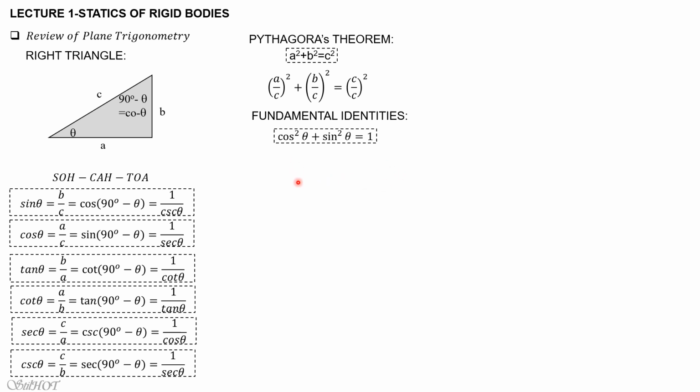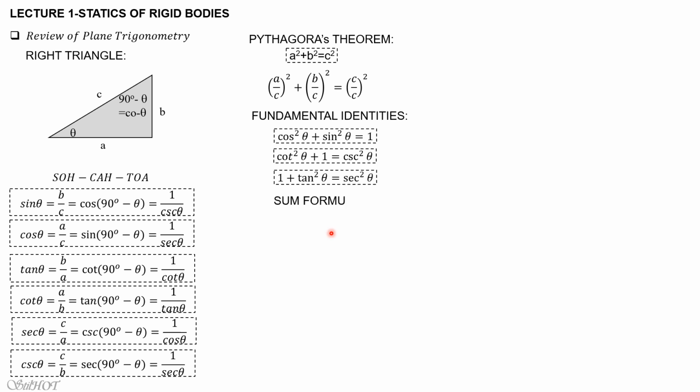So another identity is cotangent squared theta plus 1 equals cosecant squared theta. If instead we divide everything by cosine squared theta, we have 1, sine over cosine is tangent, so 1 plus tangent squared theta, and 1 over cosine squared theta is secant squared theta. So 1 plus tangent squared theta equals secant squared theta.